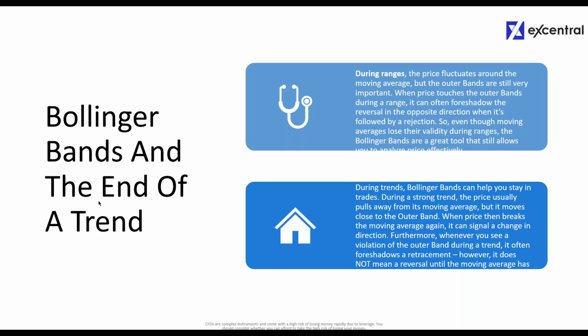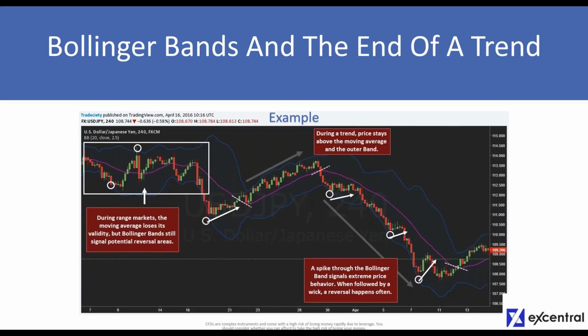So Bollinger Bands help us see the end of a trend or the beginning of a trend. So again, we can see how Bollinger Bands interact with the moving average and will generate a buy or sell signal when the price is rejected by the bands, but not until it crosses the moving average.